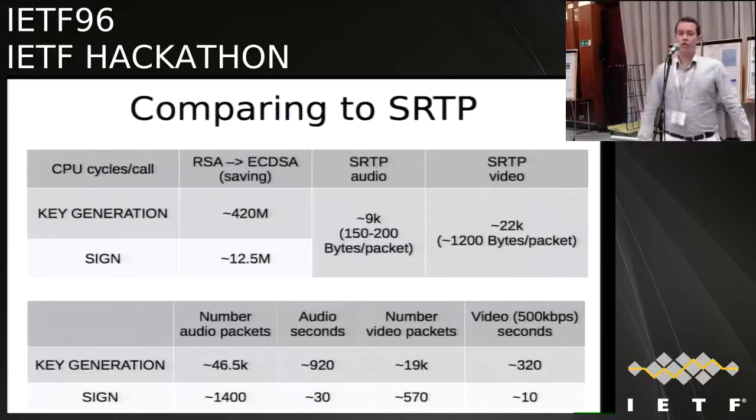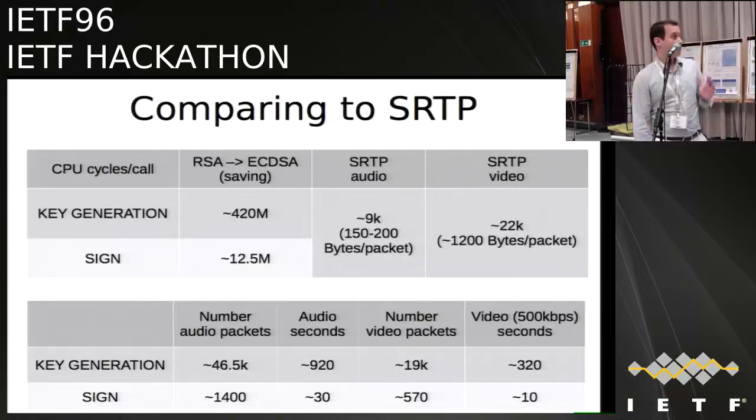And we also wanted to compare this improvement with the rest of the WebRTC stack. For that, we compared the saved cycles in the DTLS handshake with the cycles needed to encrypt the RTP packets. In this table, you can see that to encrypt an audio packet, we need 9,000 cycles, and for video, 22,000 cycles.